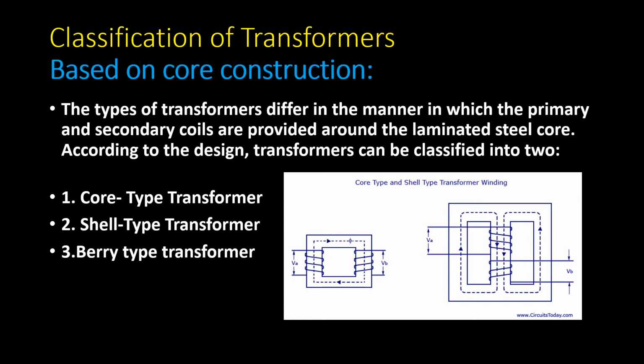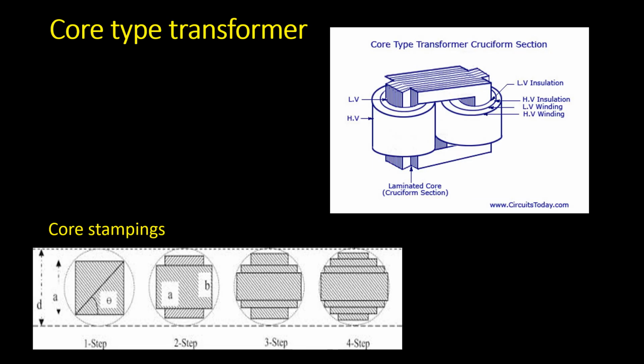Actually, the Berry type transformer is a subtype of the shell type transformer only. So basically there are core type and shell type transformers. Now move towards the core type transformer. With this diagram, try to understand the basic construction of the core type transformer.